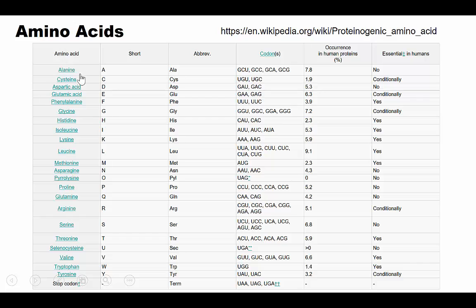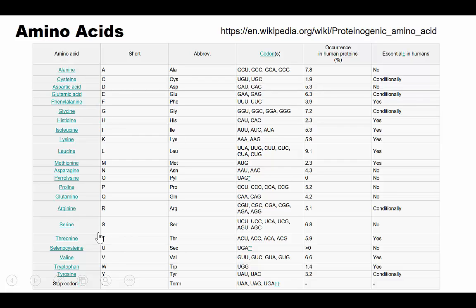By the way, each amino acid has a name: alanine, cysteine, aspartic acid, and then it has a three-letter abbreviation: Ala, Cys, Asp, Glu, and also it has a one-letter encoding symbol. So this is worth memorizing to accelerate your understanding of reading protein structures.